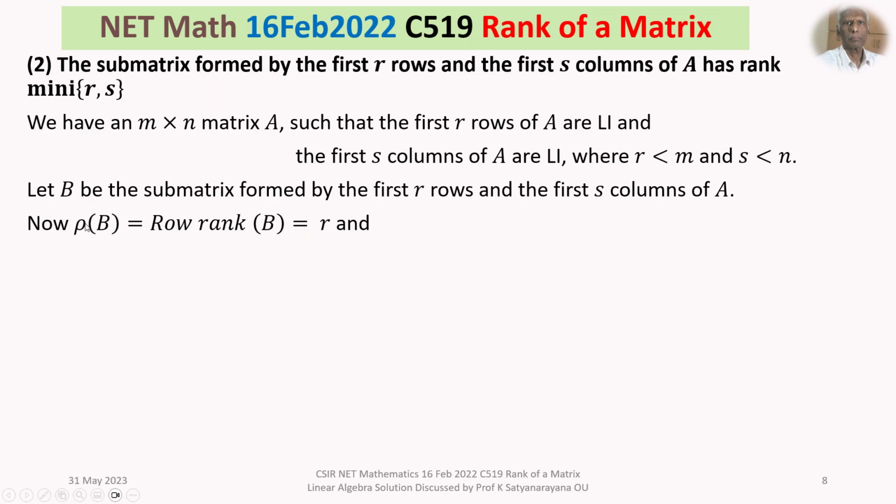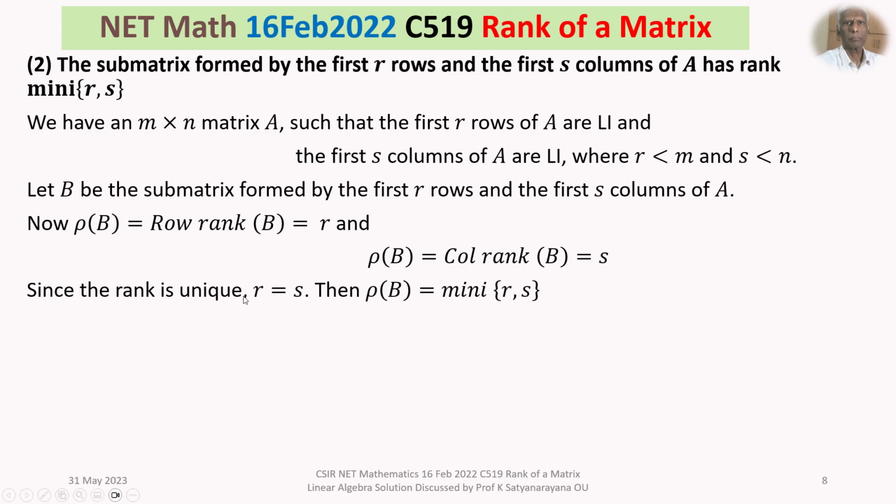R. So, the rank of B is equal to row rank of B is equal to R. Similarly, rank of B is equal to column rank of B is equal to S. Agreed. Since the rank is unique, whether you do it row rank or column rank, they must be all equal. Therefore, R must be equal to S.